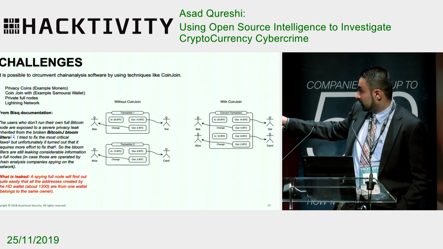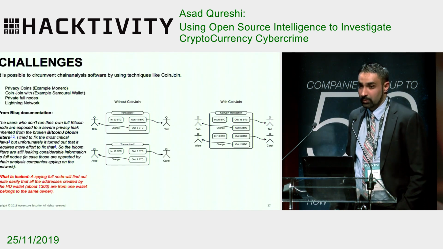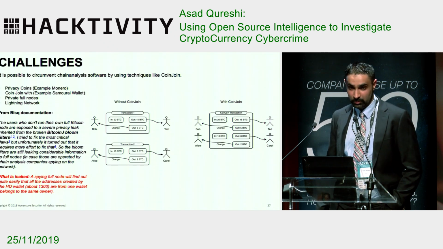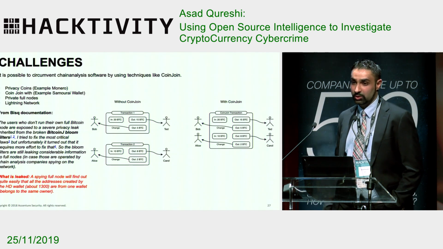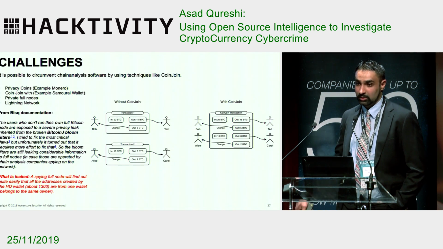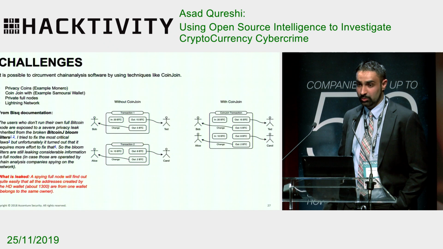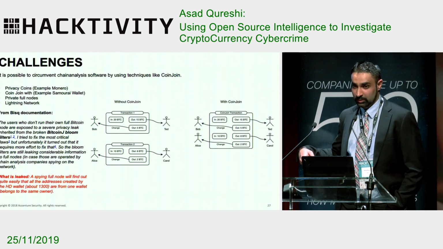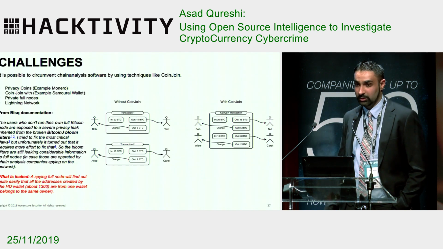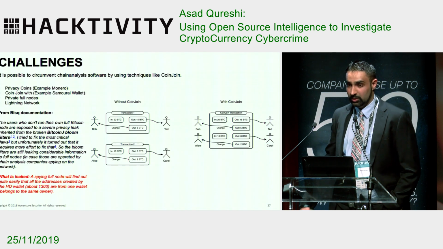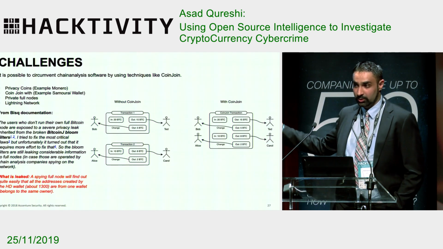And CoinJoin. CoinJoin is a technique which is used with Bitcoin. Well, it's not part of Bitcoin, but using CoinJoin, in a wallet, you can actually masquerade the traffic. You can mix that traffic, so you are not able to determine which path the traffic has taken. So CoinJoin is used to bypass software like chain analysis.